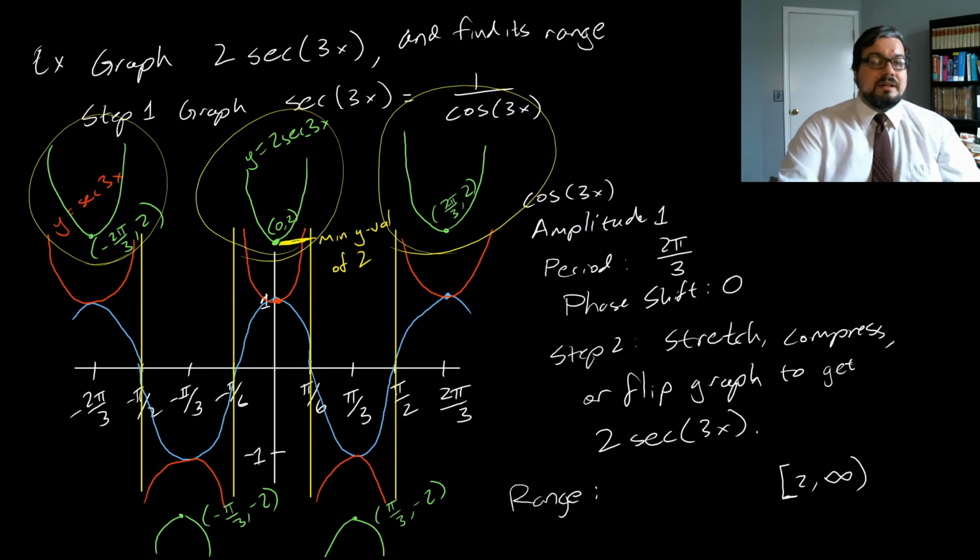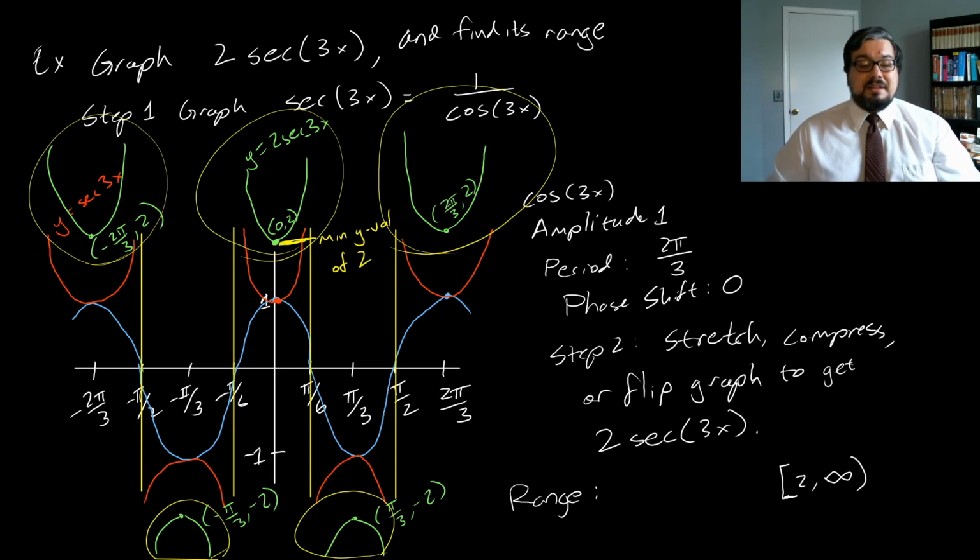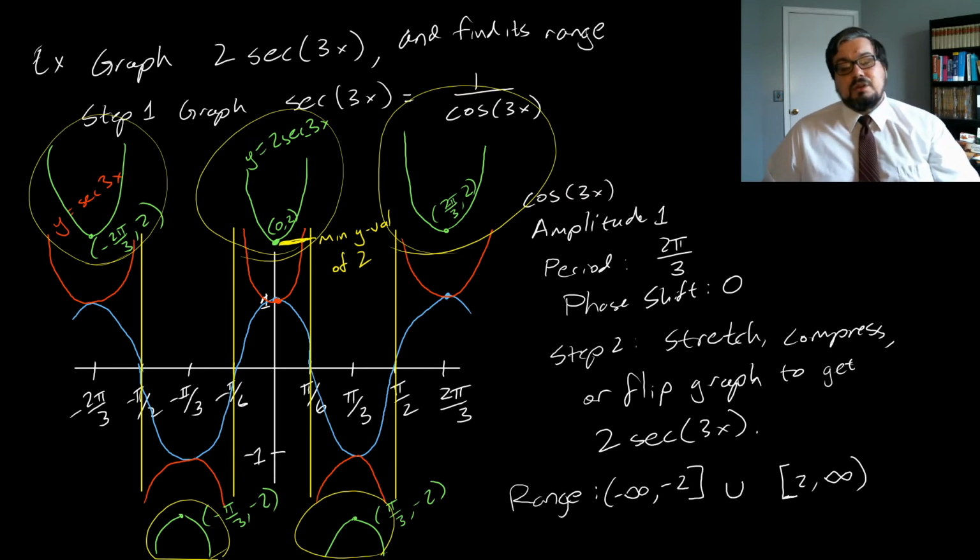And similarly, if we look at the horseshoes down at the bottom, we can see that the range is going to include all numbers below and including -2. So the range for this function is going to be a union of 2 intervals, the interval from -infinity to -2 and the interval from 2 to infinity.